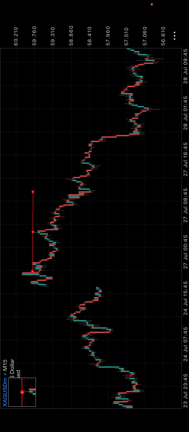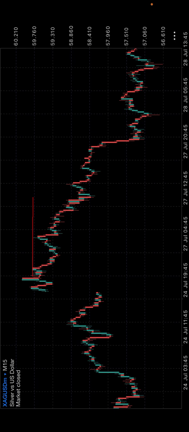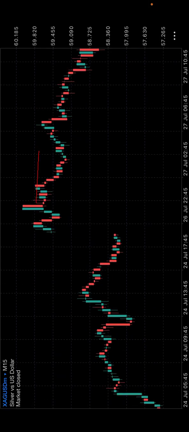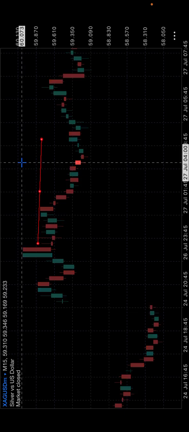At this level you are seeing right now, this is a reaction level. Before price actually gets back to this level, let me reduce this so that you understand exactly what I mean. From this level right here, you can see that there were large sell orders, from this level that this line is above right now.